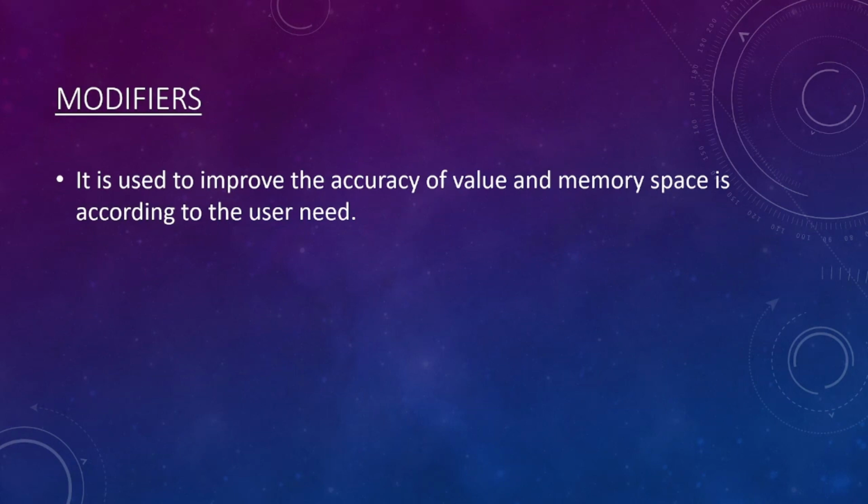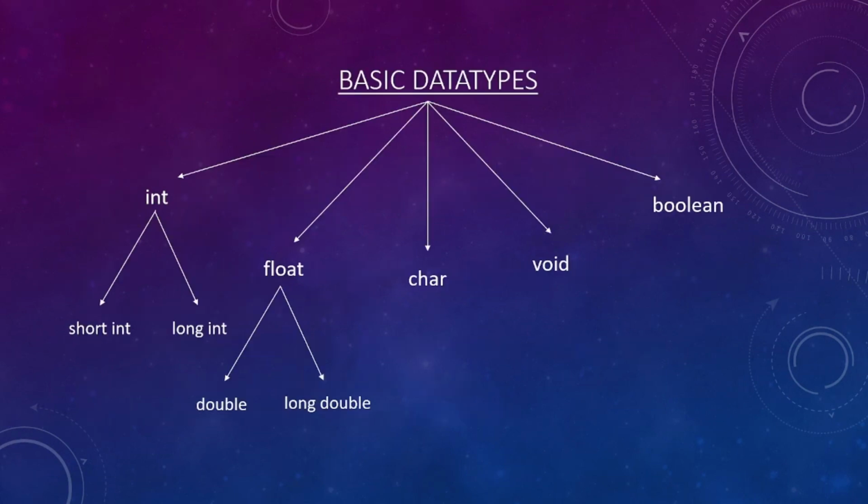So let us read the definition now. It is used to improve the accuracy of value and memory spaces according to the user need. As I said, you can improve the accuracy of a value, as well as alter the memory space according to your need. I'll tell you how to do that.